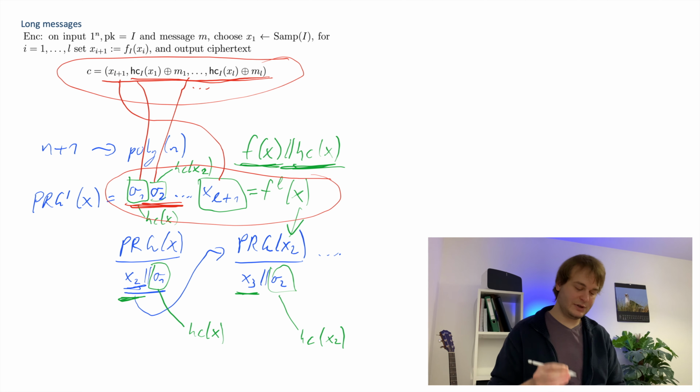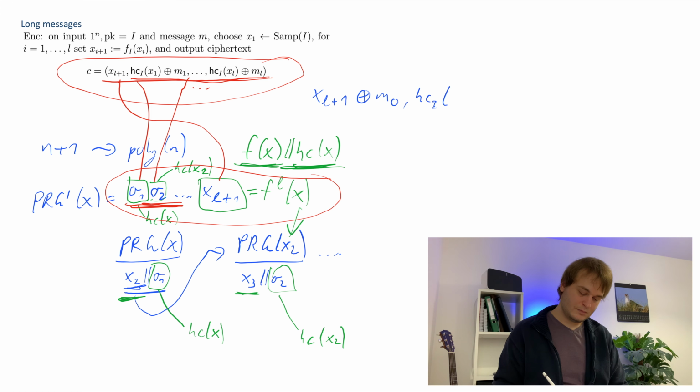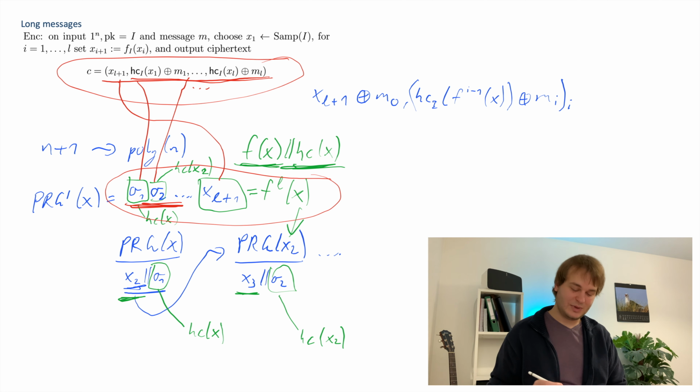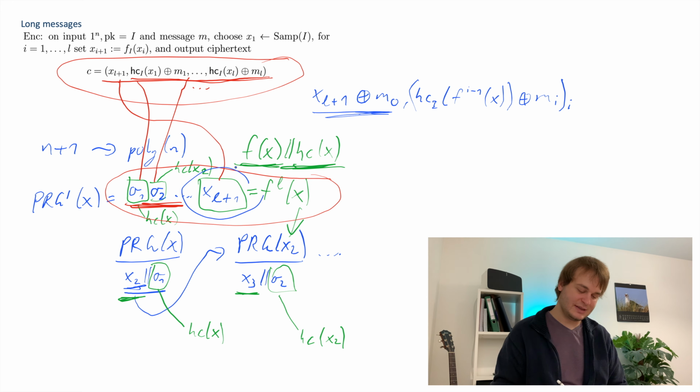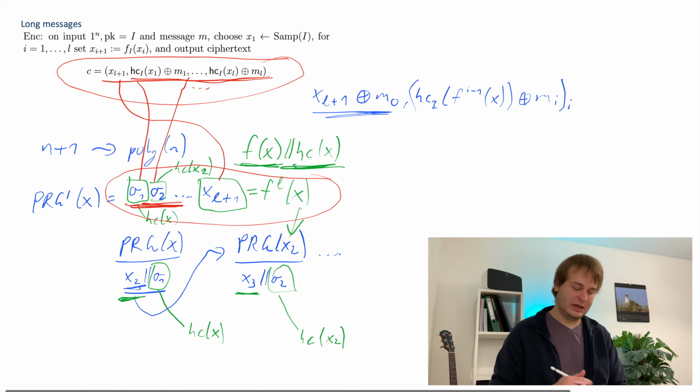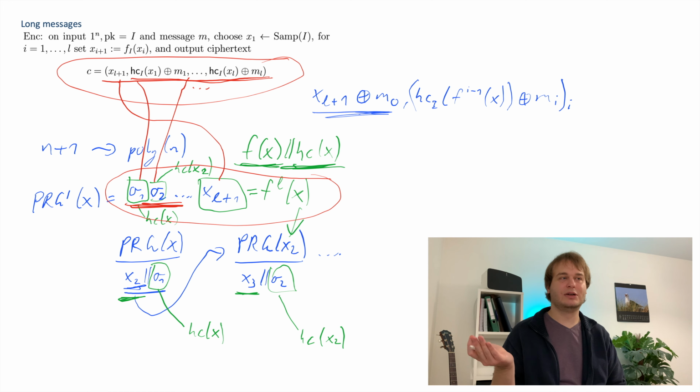Oh, I have one quiz for you. And that is, what if I use the following construction? So that's the same as before, just that I'm also XORing this M0 with the x_{l+1}. And now if you think about it, we've just talked about how this is a PRG, and this x_{l+1} is also part of the PRG value.